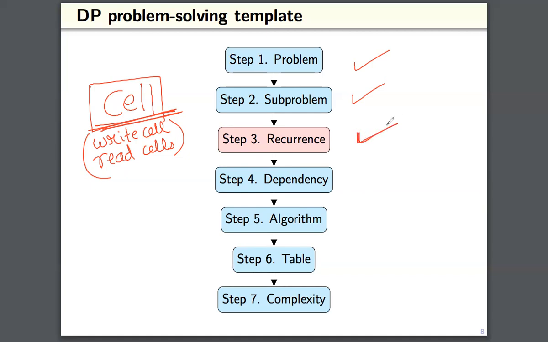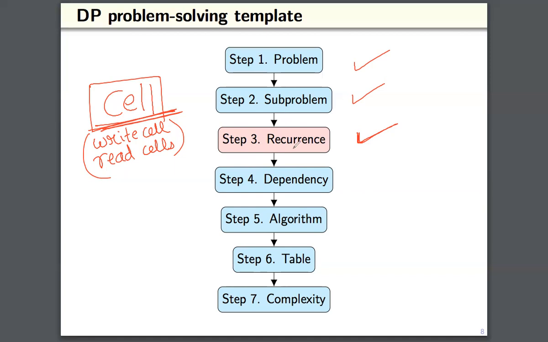So that's your recurrence. And I have highlighted this step in red because it is the brain of DP. For a lot of tiny problems it might be trivial, but for real DP problems, people write papers just to identify the recurrence.